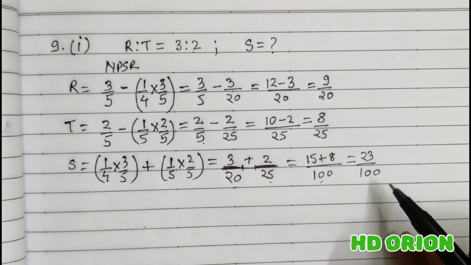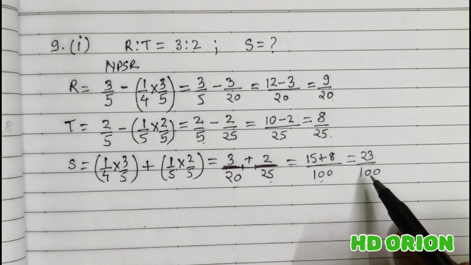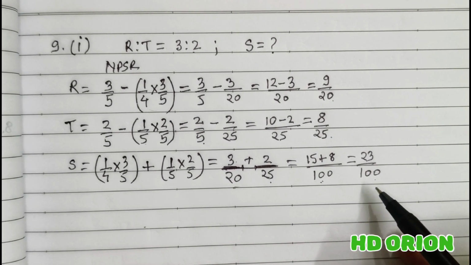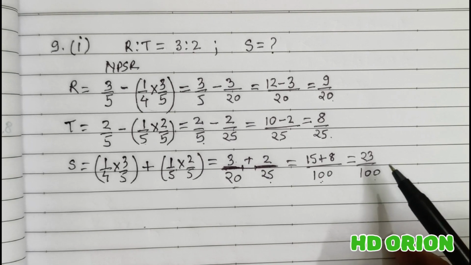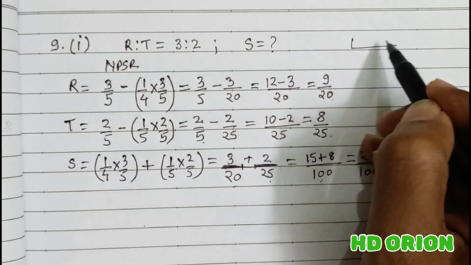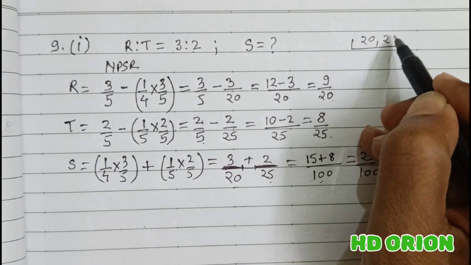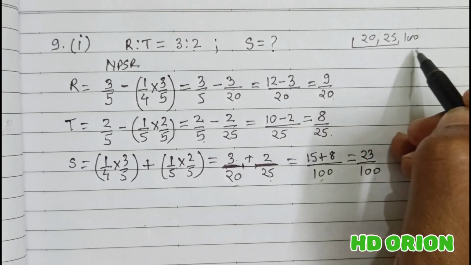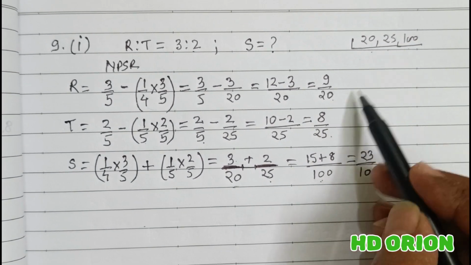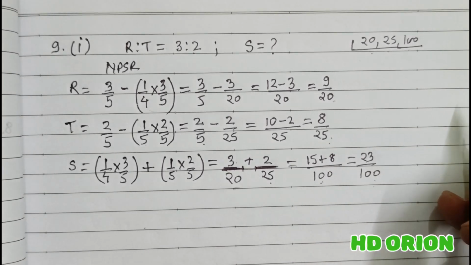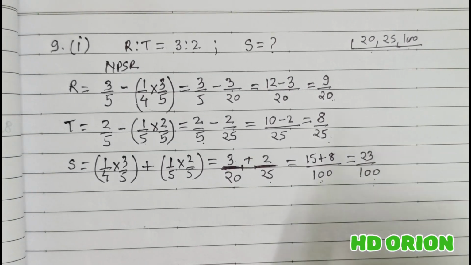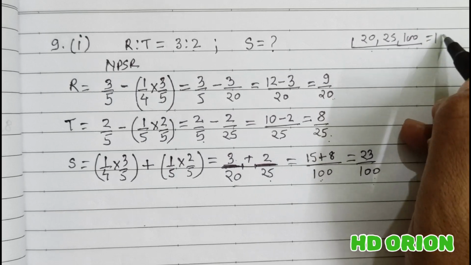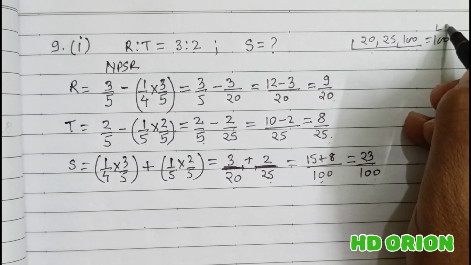So this is our new ratio, but the denominators are not common. We have to take a common denominator. So what will we do? We will take out the LCM of all the denominators. Fine. 20, 25, 20, 25 and 100. And you will see that the LCM is 100.